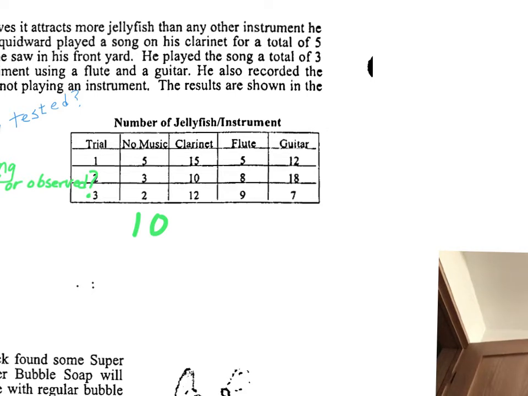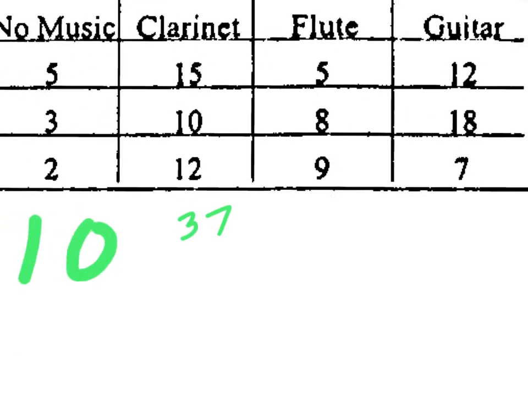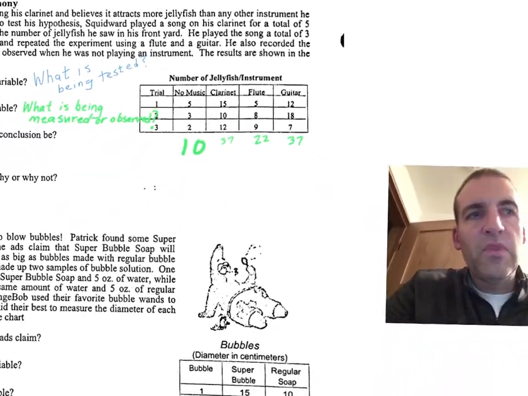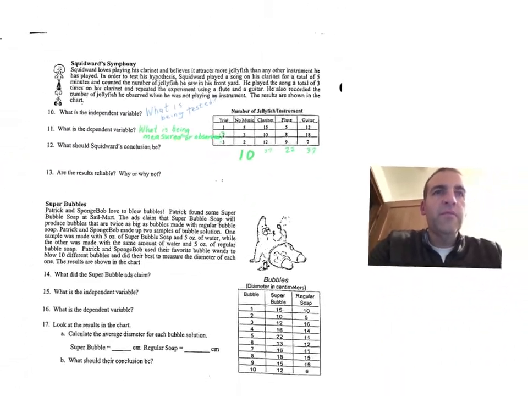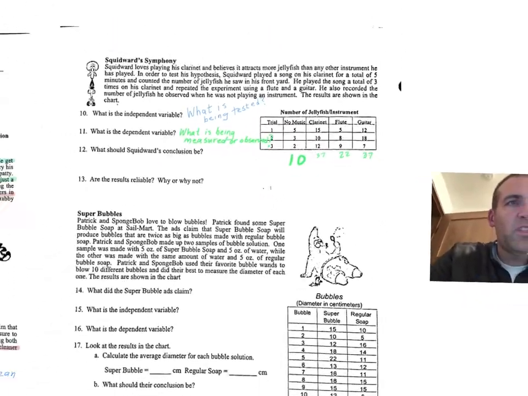When the clarinet was playing, he saw a total of 15, 25, 37 jellyfish. When we had the flute playing, he saw a total of 22 jellyfish. And if we add up the guitar, we get a total of 37 jellyfish. So we take a look at that data and we can ask ourselves, what should Squidward's conclusion be in this experiment? Was the clarinet the one that attracted the most jellyfish? So you take a look and you can get that answer from these numbers.